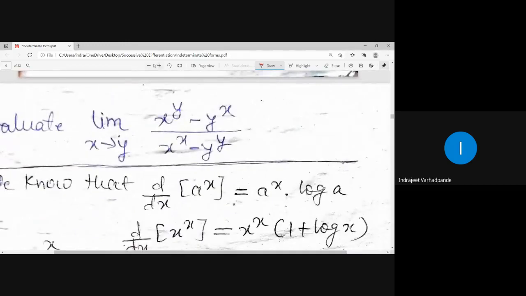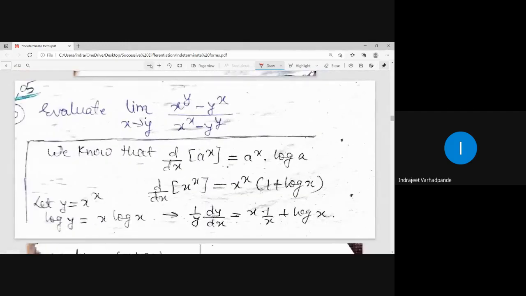Yes, this is again an important example. Note down.